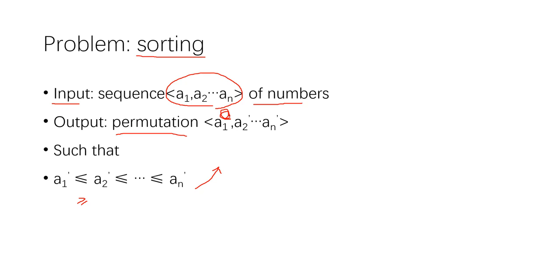That's bubbling. And here we try another way. We call it insertion sort. I don't know whether you have learned this in your C course. The idea is pretty similar to bubble sort.